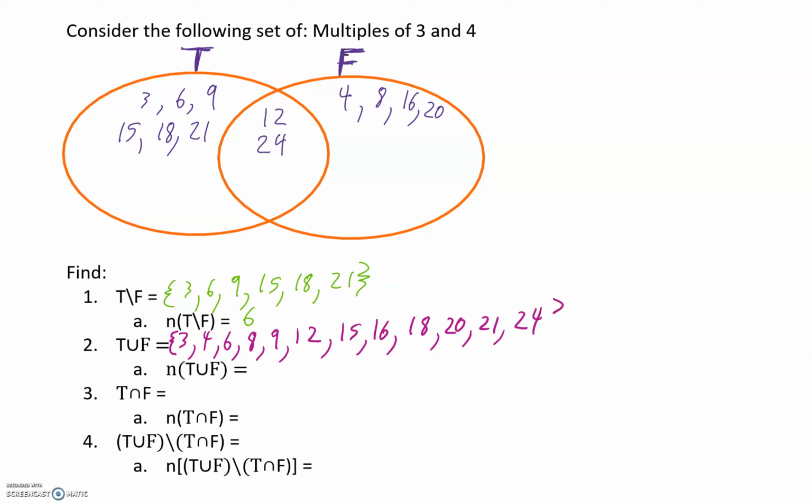Whoopsies, I'm not drawing my squiggly brackets properly. There you go, good enough. And now we have to count them. 3, 6, 9, 12 items in that set.